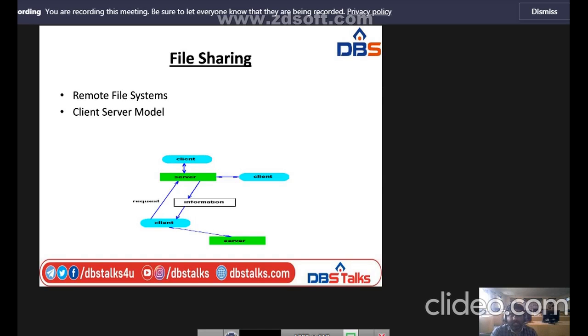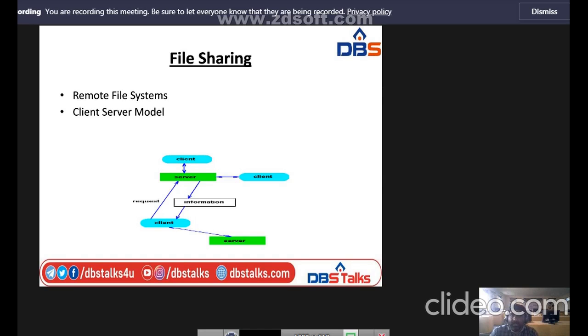Anonymous access allows a user to transfer files without having an account on the remote system. The WWW uses anonymous file exchange almost exclusively. DFS involves a much tighter integration between the machine that is accessing the remote files and the machine providing the files.